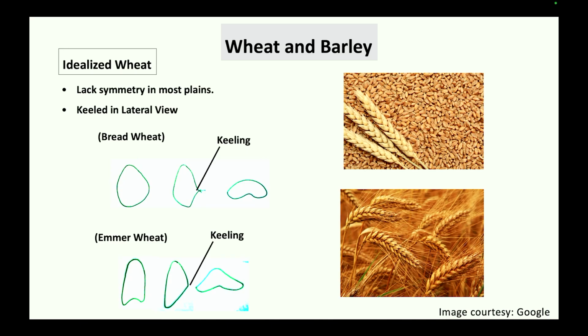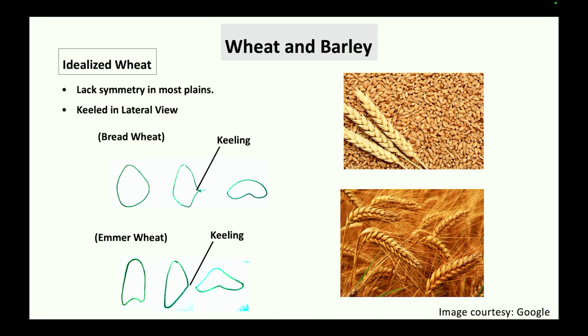Now the identification of wheat and barley. In terms of understanding idealized wheat, it has leg symmetry in most planes. It is keeled in lateral view, bread wheat and emmer wheat. It is identified by the archaeobotanists.